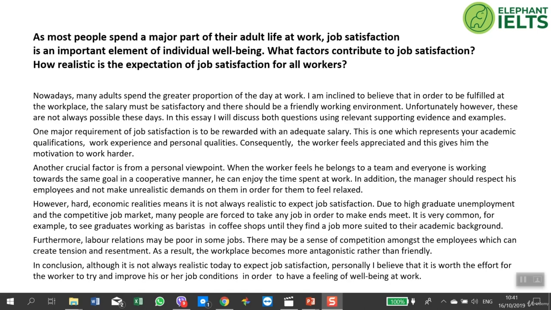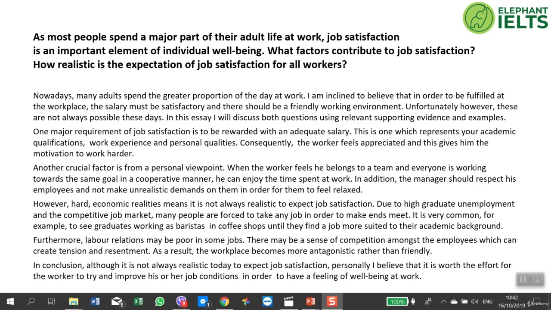So he explains what he means by an adequate salary. The third sentence, the further development sentence, reads, consequently, the worker feels appreciated, and this gives him the motivation to work harder. So you see, 3-sentence structure: topic sentence, explanation, and further development.